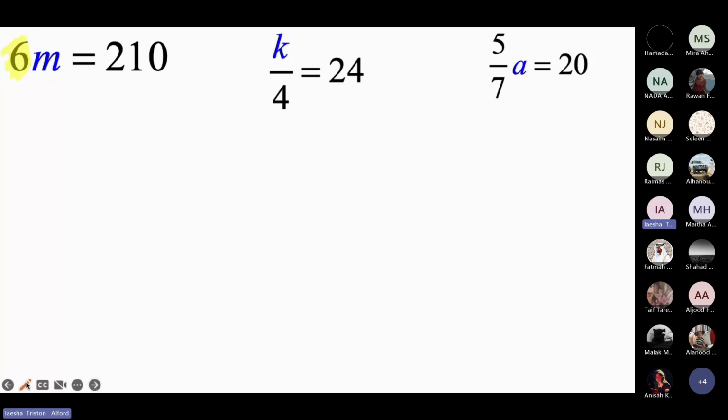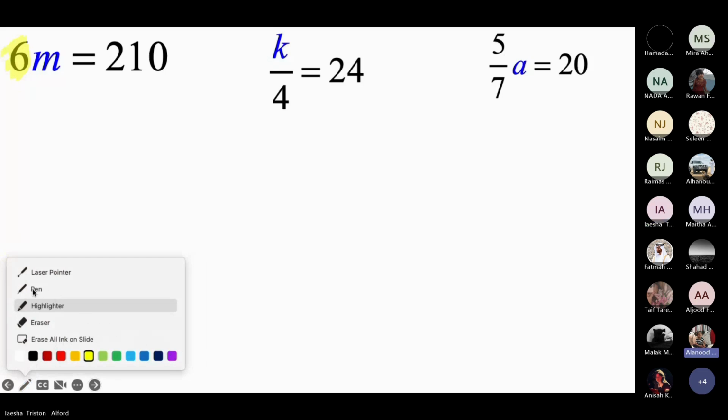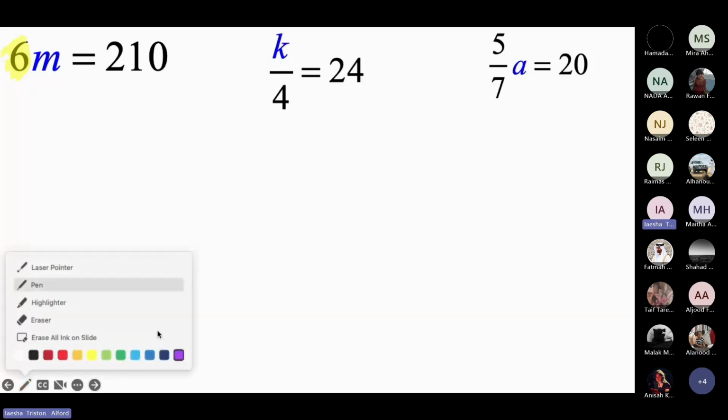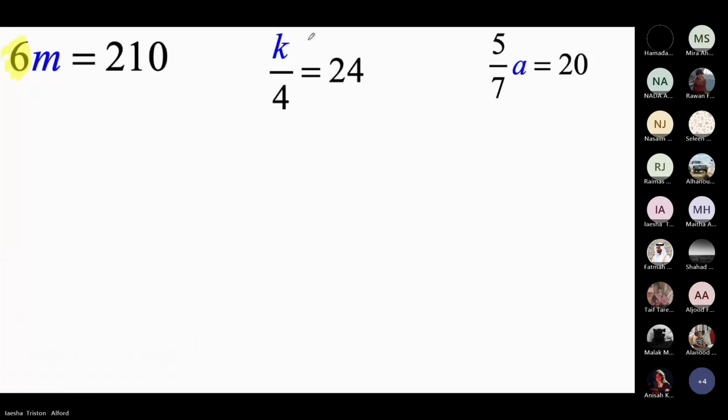Positive 1 over 4. Correct. And for the last equation? Positive 5 over 7. You must know how to make these 3 equations. One of them is coming in the exam.